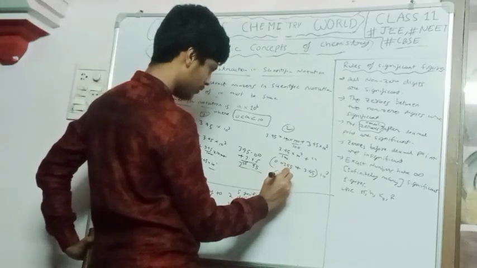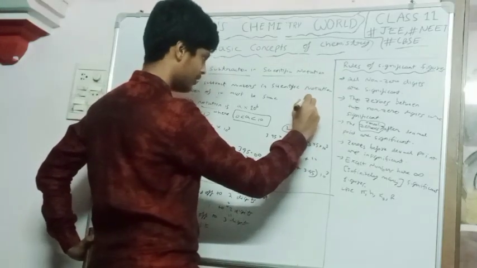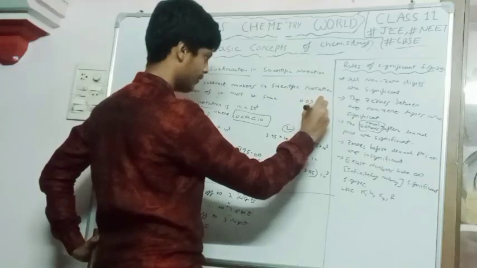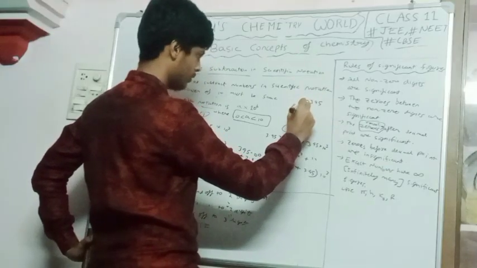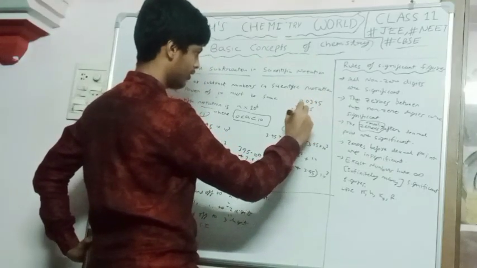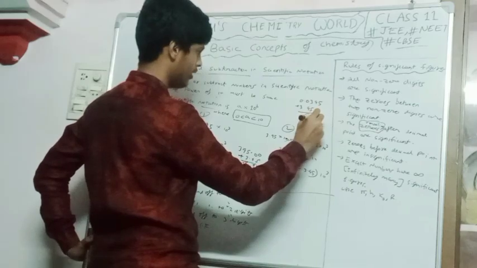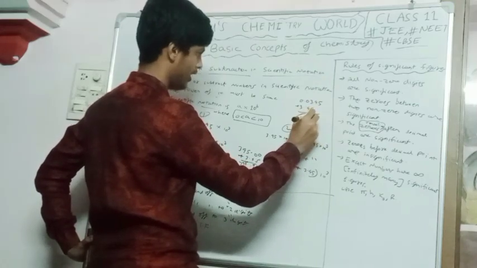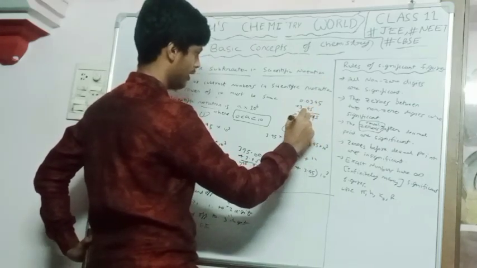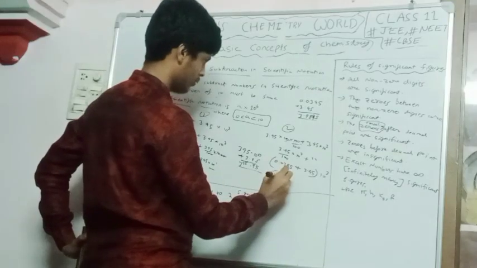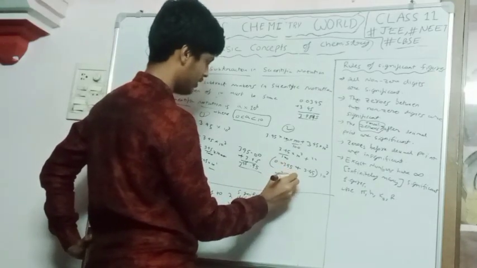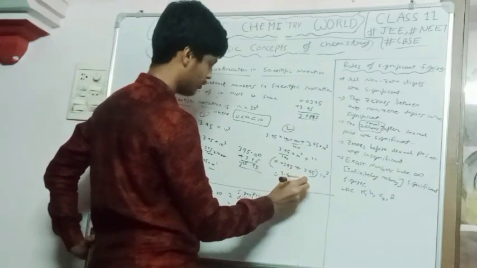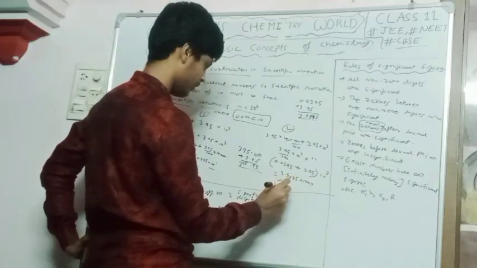Here you will get what? Okay, I'll write like this. 0.0395 plus 3.95. If you add, what do we get? 3.9895 into 1000.